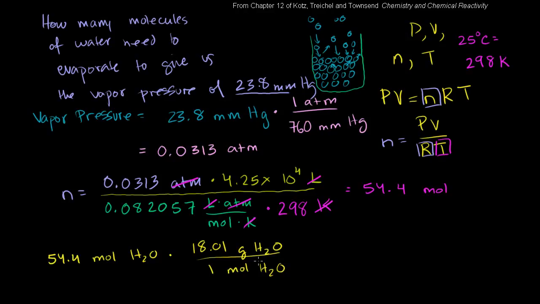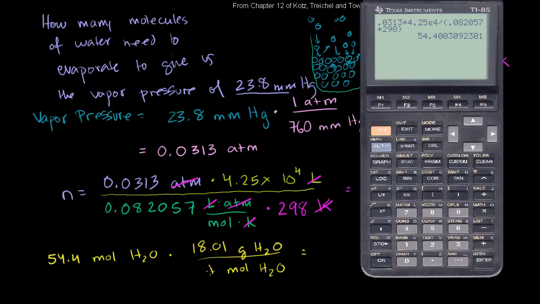And obviously, you can just look up the atomic weights of hydrogen, which is a little bit over 1, and the atomic weight of oxygen, which is a little bit below 16. So you have 2 of these, so 2 plus 16 gets you pretty close to 18. So this right here will tell you the grams of water that can evaporate to get us to that equilibrium pressure.